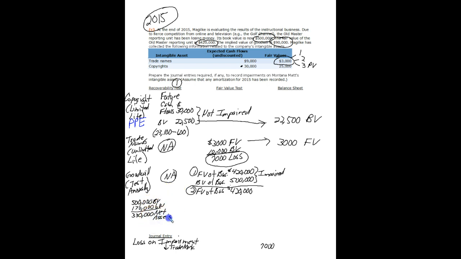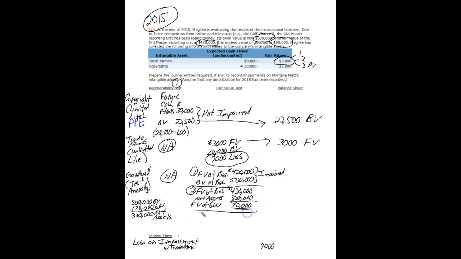So if we exclude goodwill, the net assets excluding goodwill is $330,000. So here's the fair value of all the assets, here's just the net assets, and so the difference is $90,000, and that's goodwill. Fair value of goodwill. And theoretically, that's how they got that $90,000.